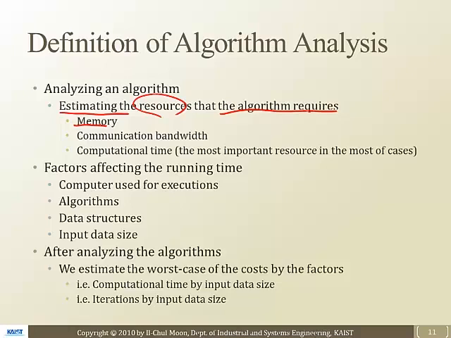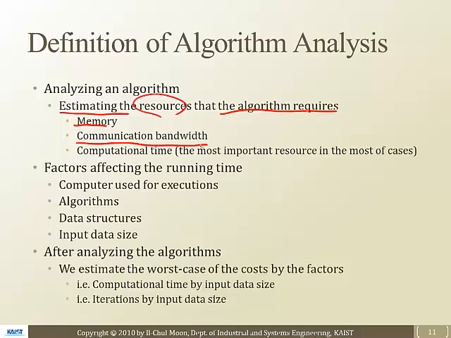So we have efficiency from the memory perspective, and also we have the issue of computational bandwidth. These days, SK, KT, and LG are purchasing communication bandwidth from the government, kind of auctioning to purchase that bandwidth.